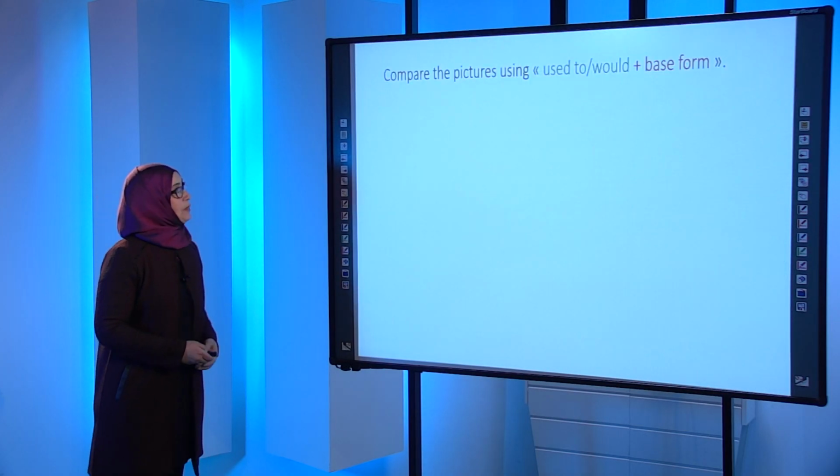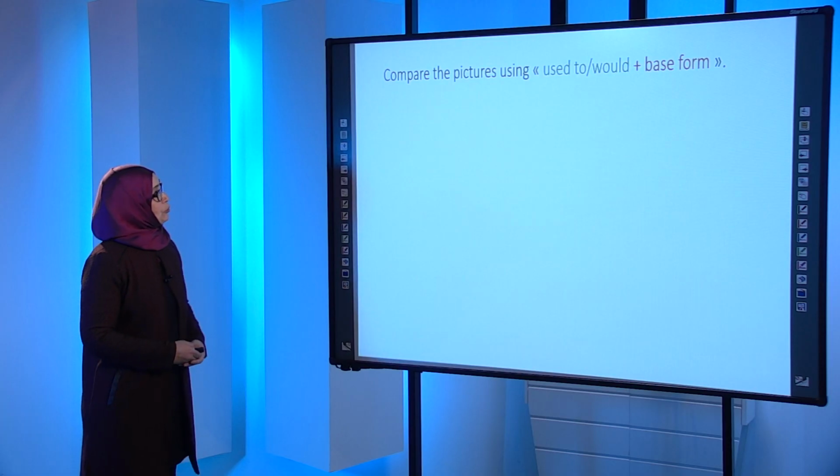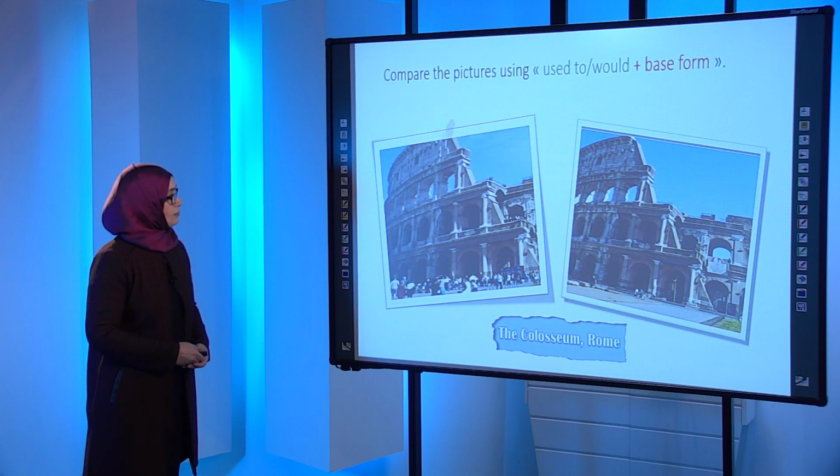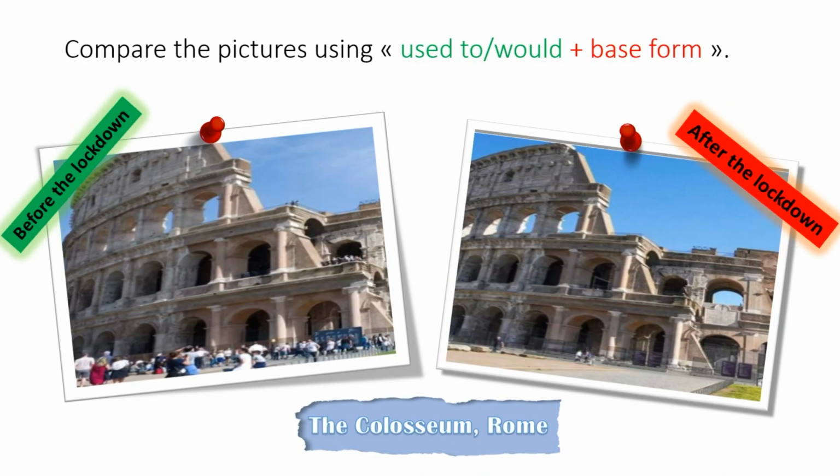Now, let's compare two pictures I'm going to show you using used to or would plus base form. Here are two pictures. This is the Colosseum in Rome. This is the Colosseum before the lockdown. You see, it's full of tourists.